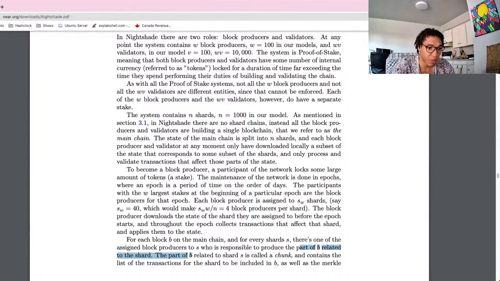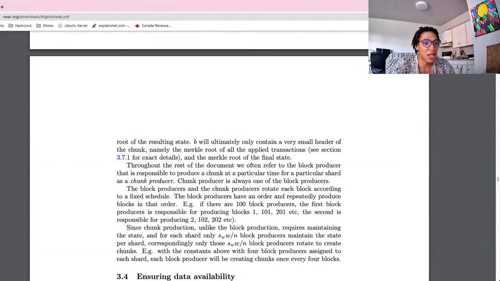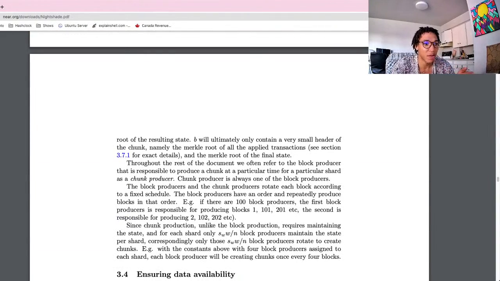The part of B related to the shard S is called a chunk. So only one block producer out of the four is responsible to produce the chunk, and it contains the list of the transactions for the shard to be included in B, as well as the Merkle root of the resulting state, so you could verify it.